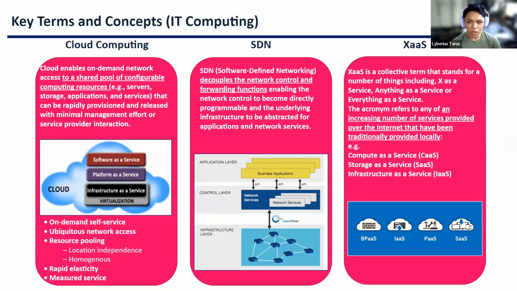Okay? Resource pooling, it should be location independent and homogeneous. In other words, as an end user, I technically don't have to care if, say, I want a server that has 4 cores, for instance, with 128 gigabytes of memory, and I ask my cloud provider for those requirements.